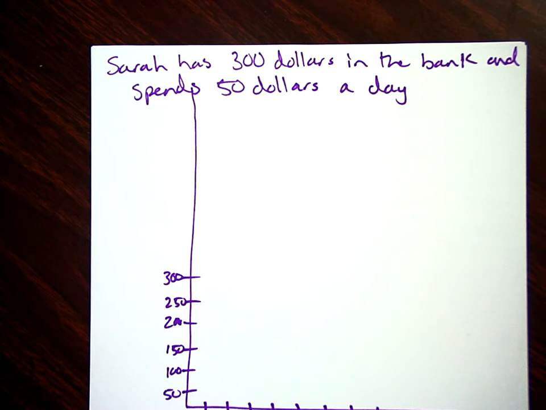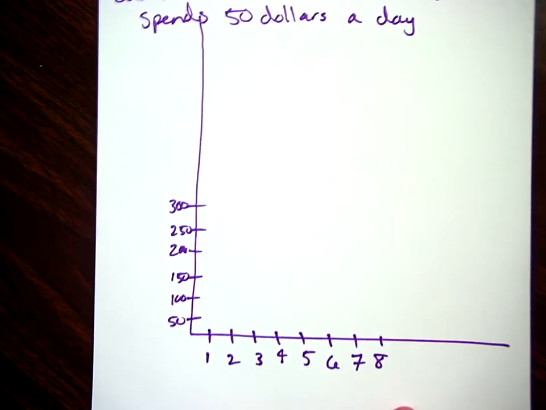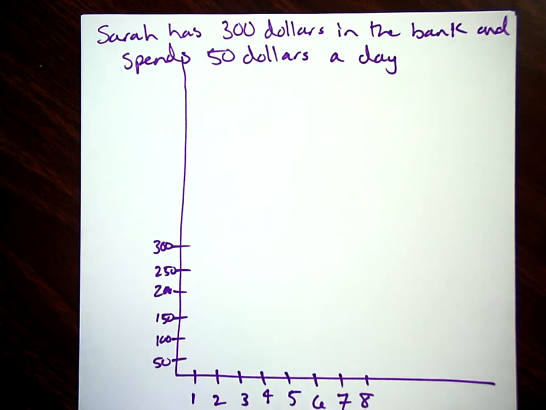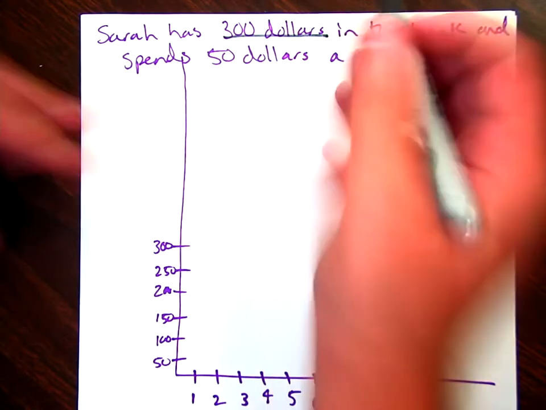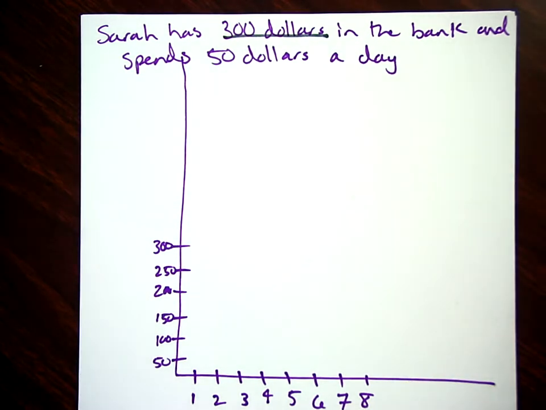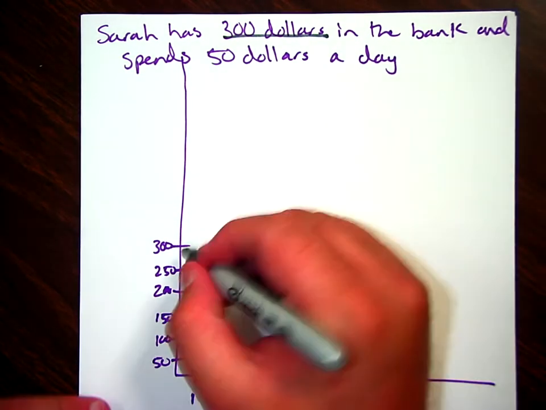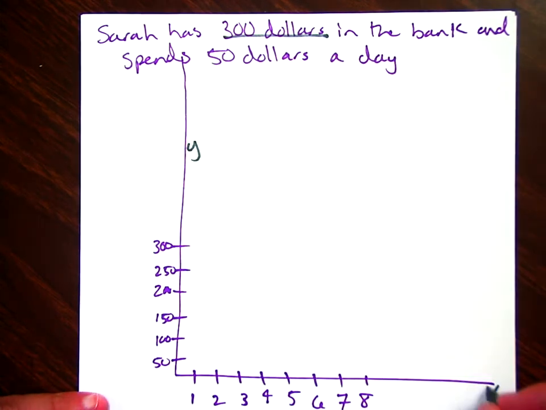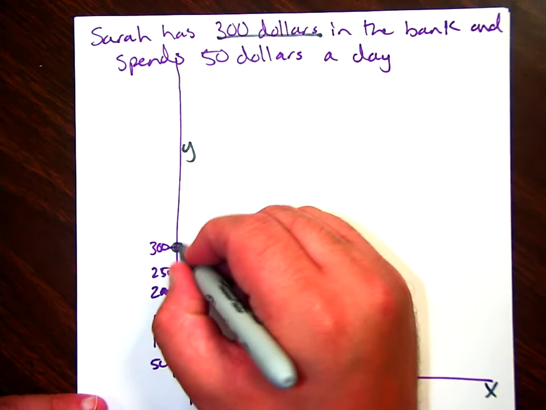So this is where you're going to learn or review how to graph situations. She has $300 on day 0. That's the beginning point, where we start is with $300. So we're going to put that on our y-axis. There's your first point, the $300.